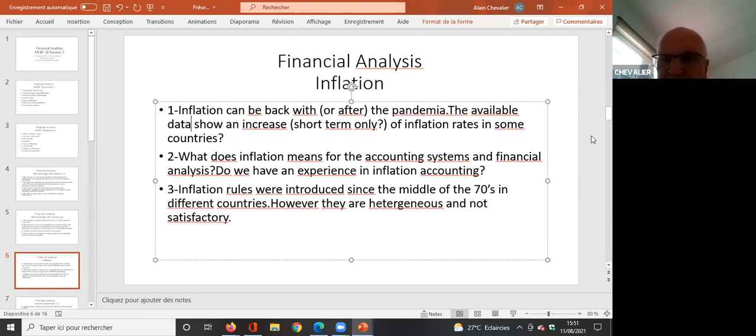And on the secondary market, perhaps your production equipment will have a higher value than the value you introduced when you bought this equipment 4 or 5 years ago. So inflation raises a problem of quality of the accounts.